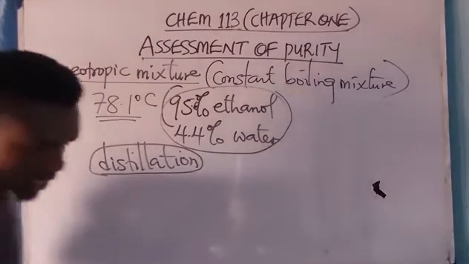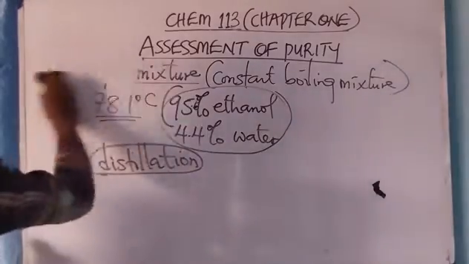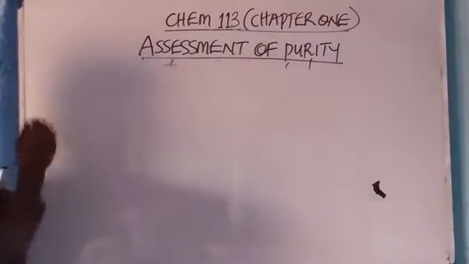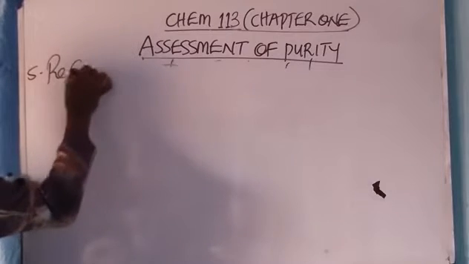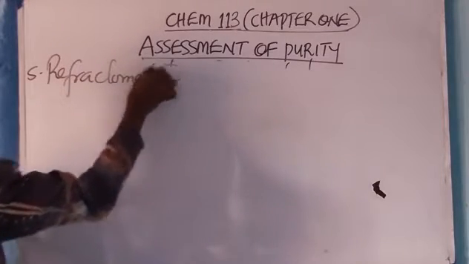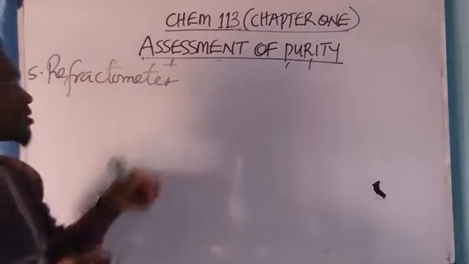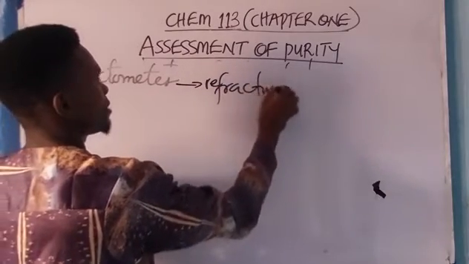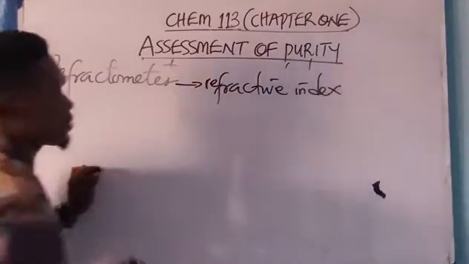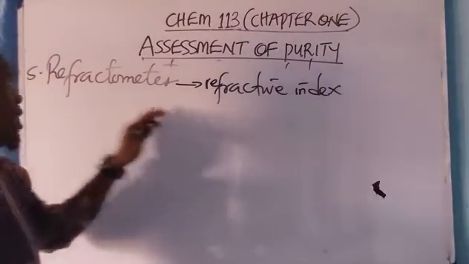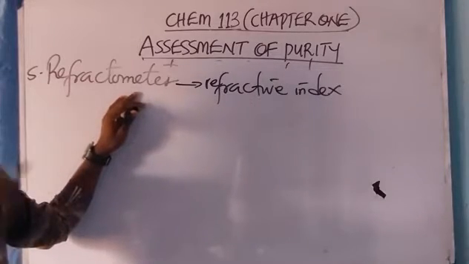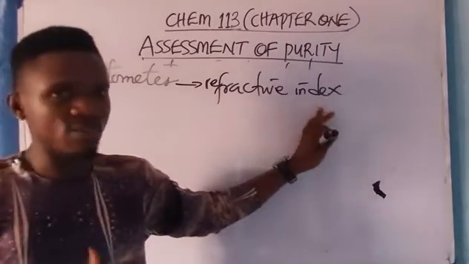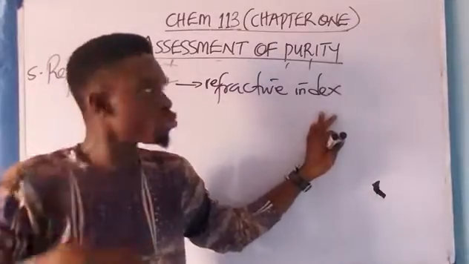It is very important. Now the next one is the refractometer. A refractometer is an instrument that is used to test for the refractive index of a substance or of an azeotropic mixture.